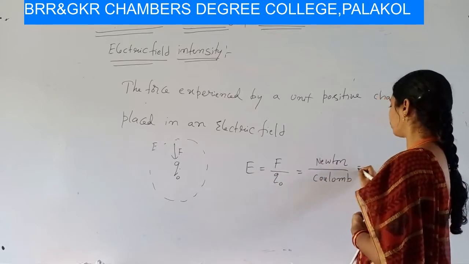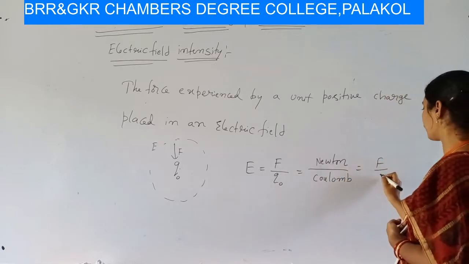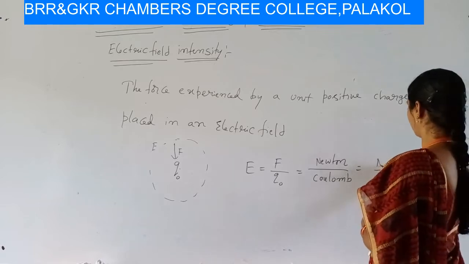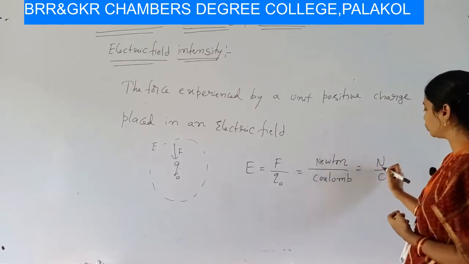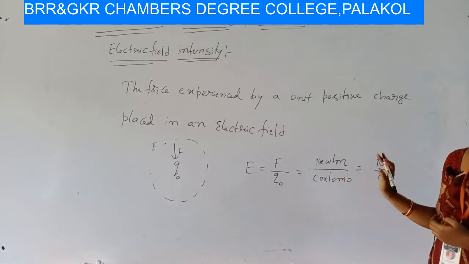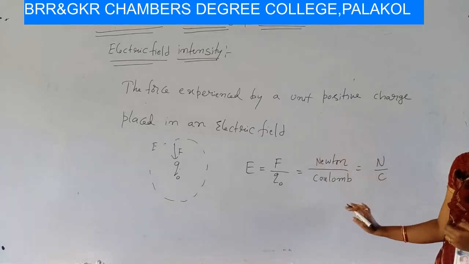Then we can write E equal to F by Q0, Newton by Coulomb. Newton per Coulomb is the units for electric field intensity. Okay, I hope you are following the definition for electric field intensity.